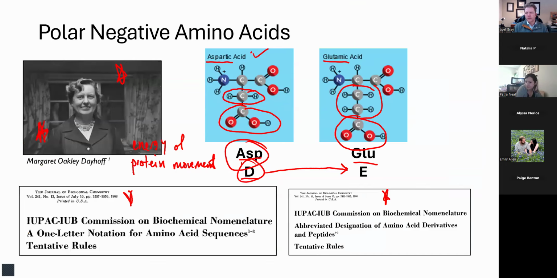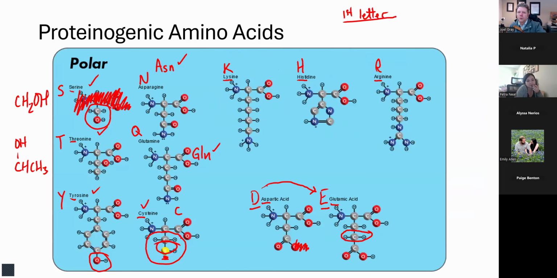Every time I draw an amino acid, I'm showing it at a pH of 1. Every group that can be protonated is protonated. So these pictures, these are all at a pH of 1.